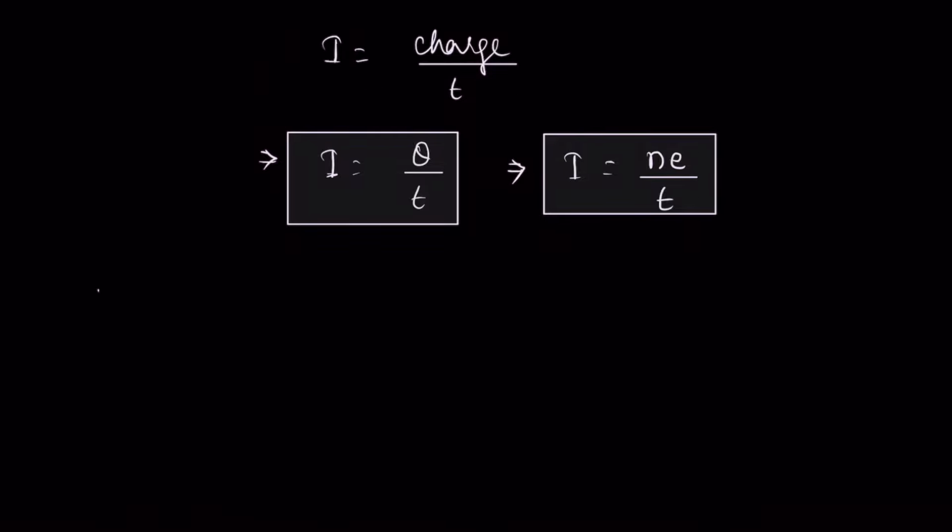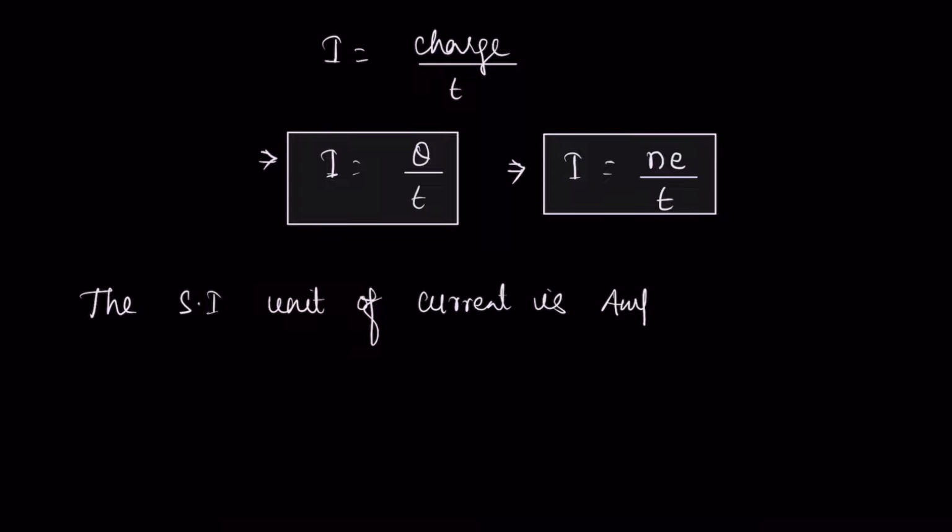Because we know that total charge is equal to the number of electrons into the charge of one electron. The SI unit of current is ampere. It is represented as capital A. So how can we define 1 ampere?